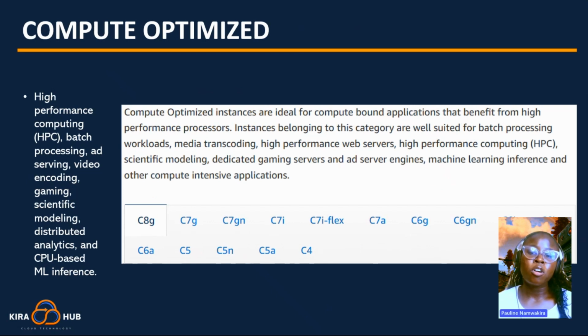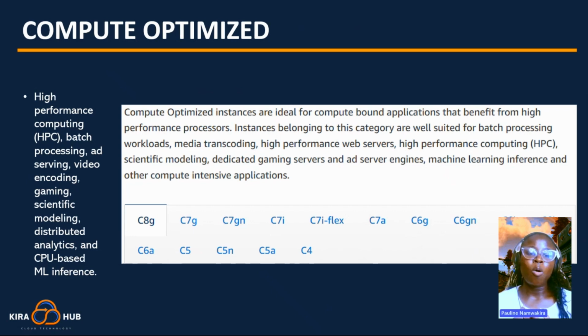We have the compute optimized for compute intensive applications, which need very high performance processing. Instances chosen for this category are used for things like batch processing, media transcoding, high performance web servers, high performance computing, scientific modeling, distributed analytics, dedicated gaming servers, machine learning.